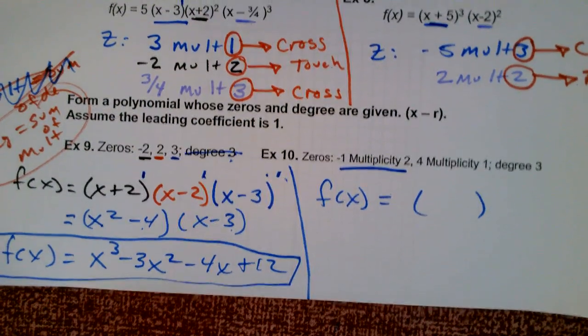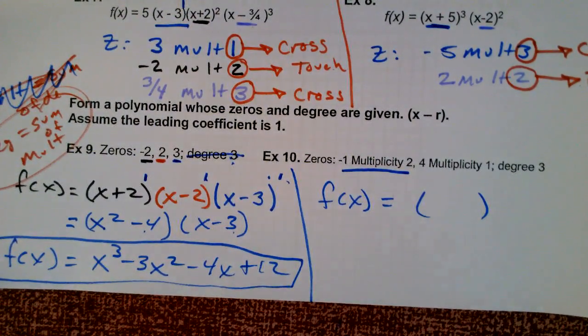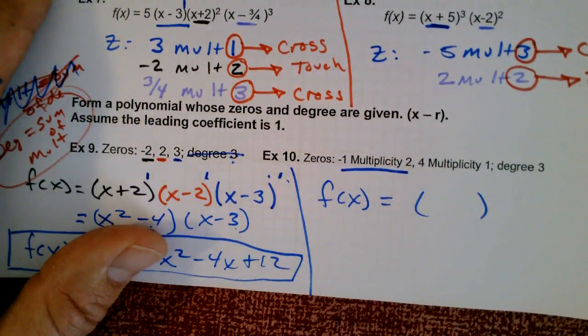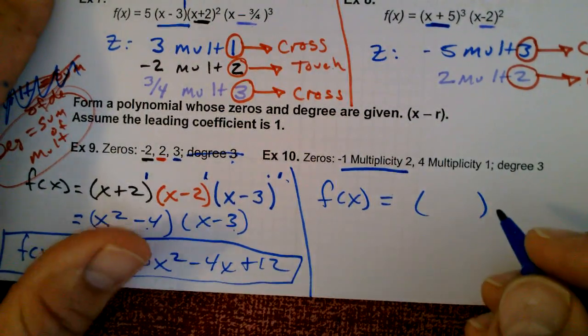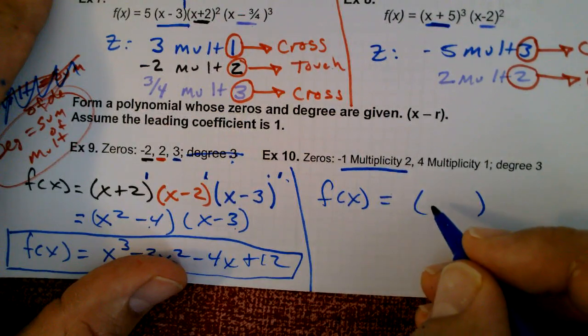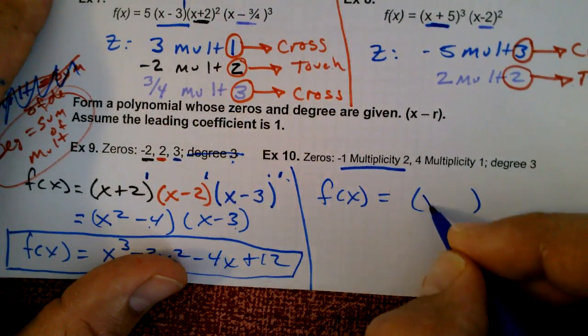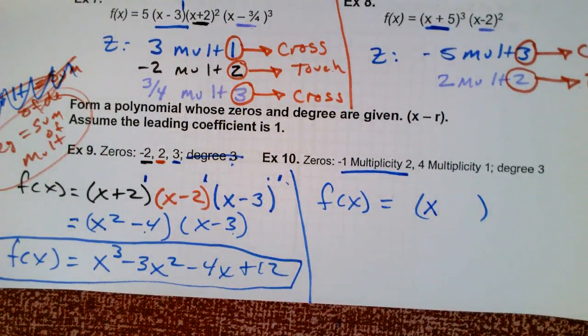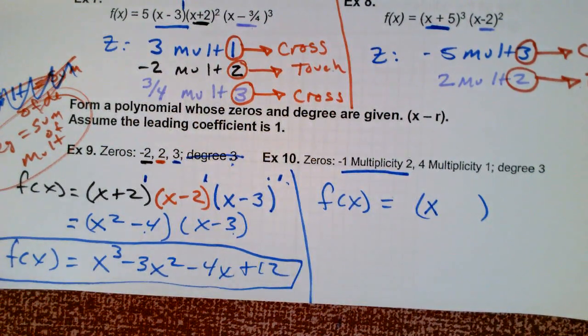Henry, Dylan, Janelle, Braden, what do you guys got? So is it x plus or minus what?